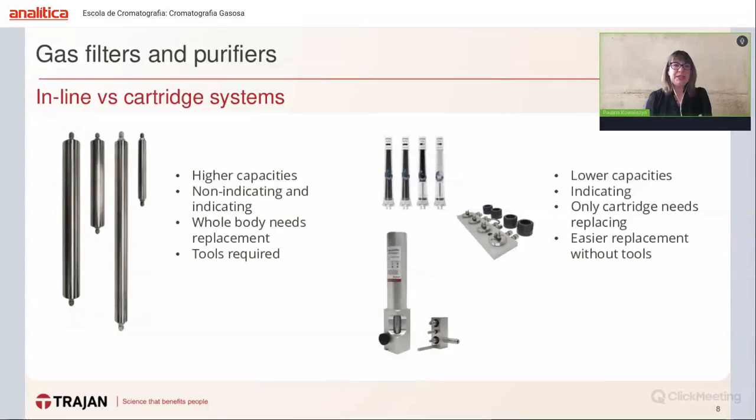The difference between the cartridge system and the inline filter is usually that the cartridge can be replaced on its own. We will have the fittings present to replace just the cartridge and not the whole body of the filter. And the replacement of the cartridge can be done easily without any tools.